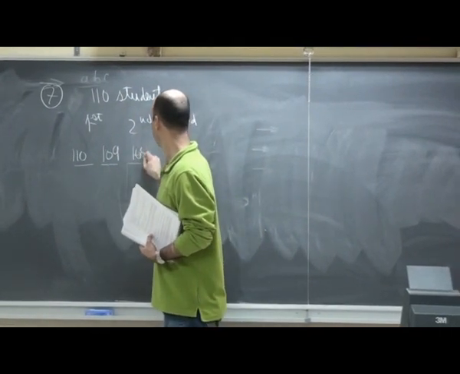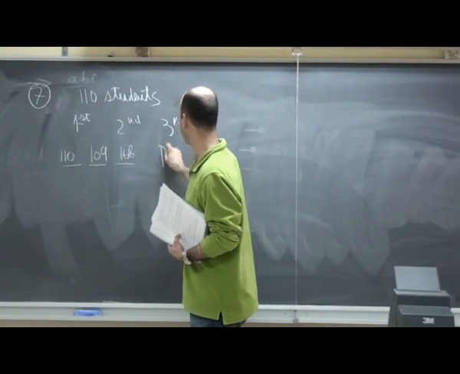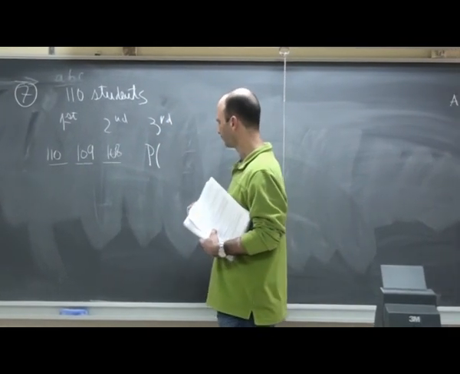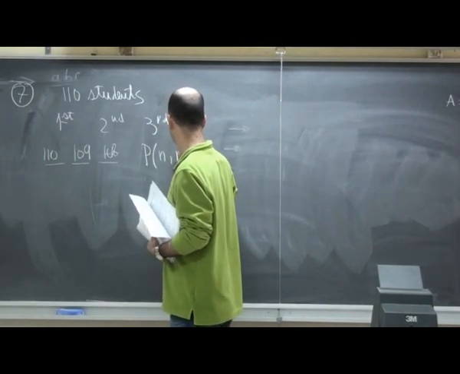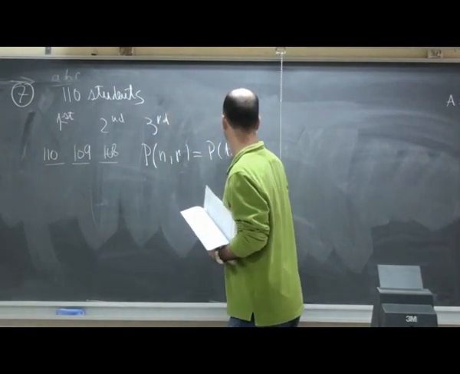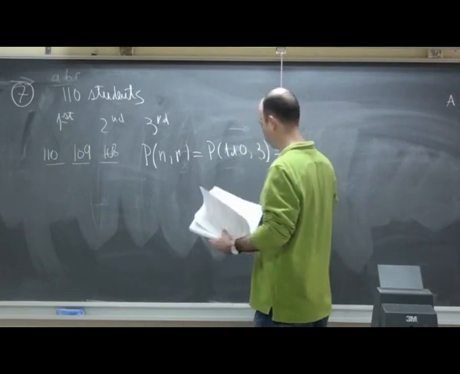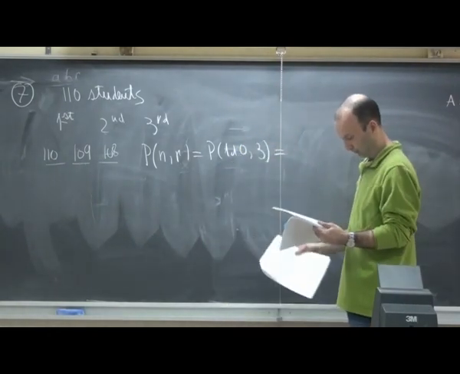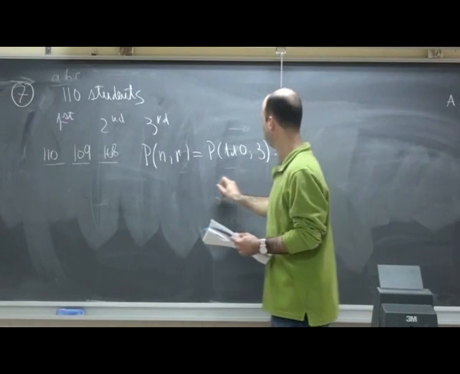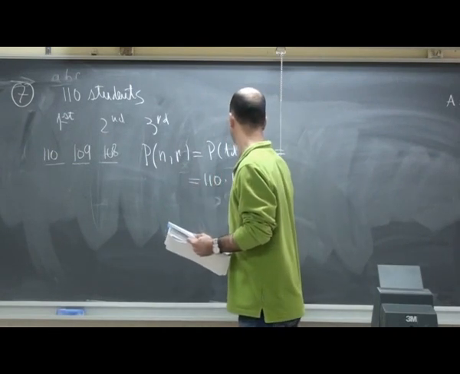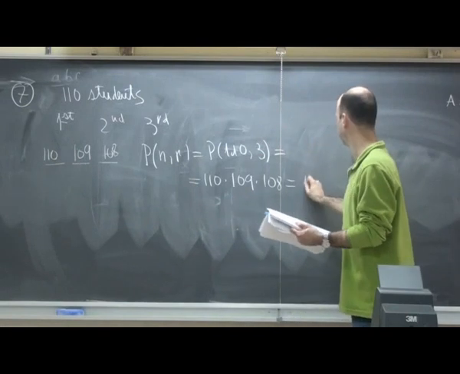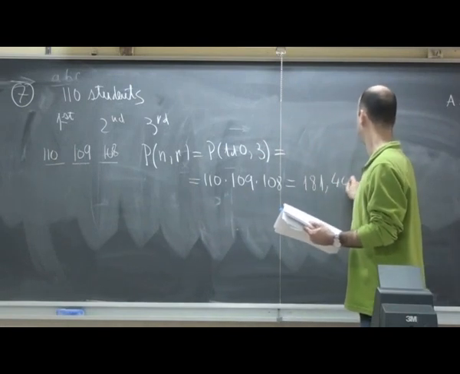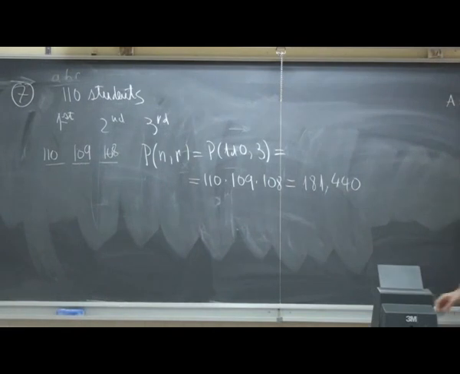So this is going to be the product rule. This is an R permutation. Yeah, quite insulting.